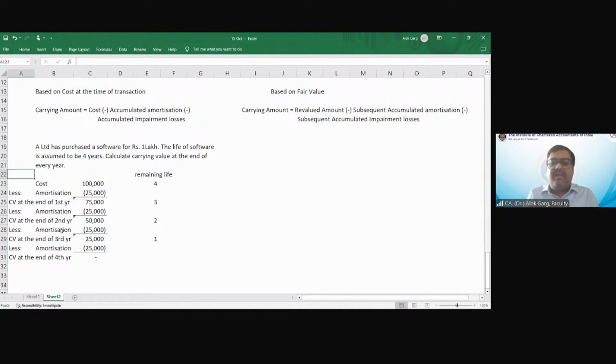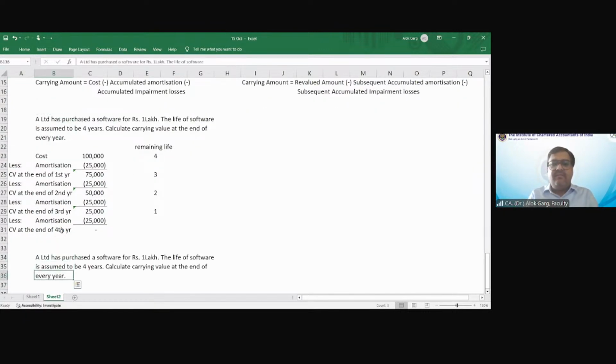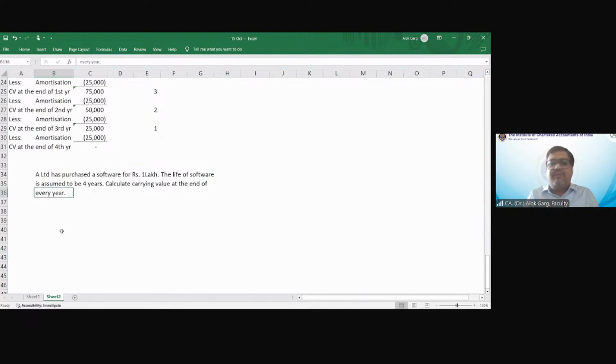With the same example, let me make it a little complex. A Limited has purchased a software for rupees 1 lakh. Life of software is assumed to be 4 years. Calculate carrying value at the end of every year. Assuming the recoverable value at the end of second year is 40,000.